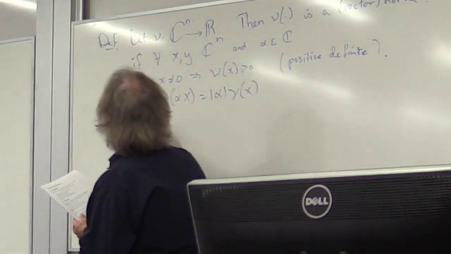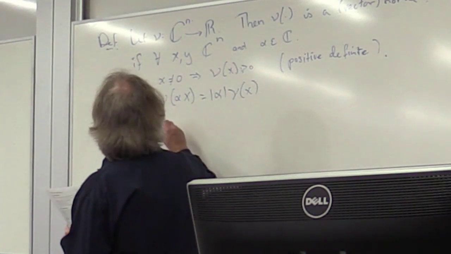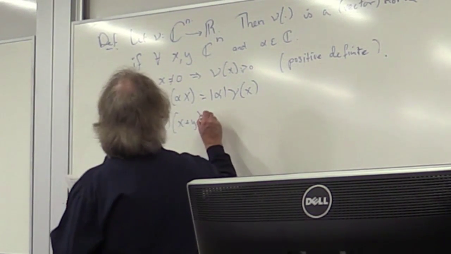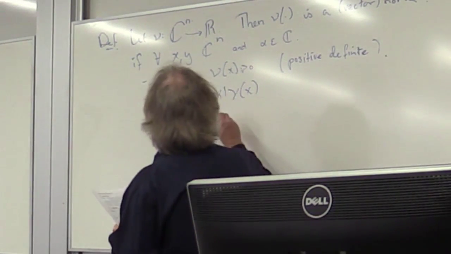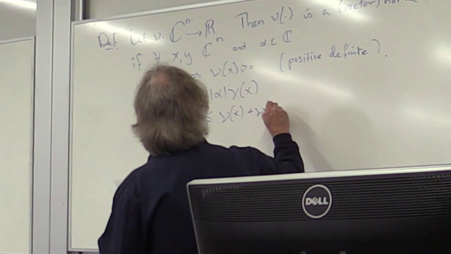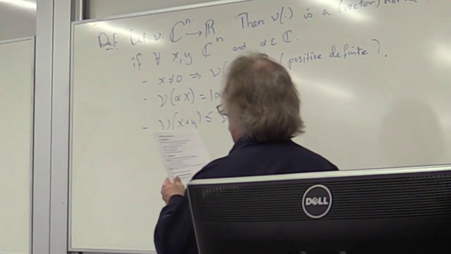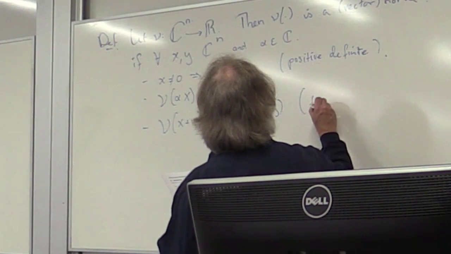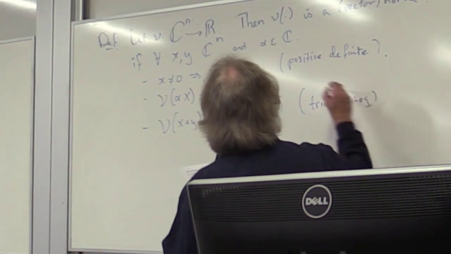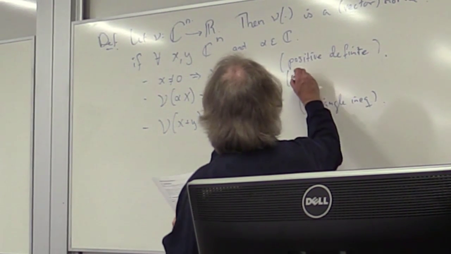And then you have the triangle inequality, which is that if you add two vectors together, then the result is less than or equal to the sum of the lengths of the separate vectors.